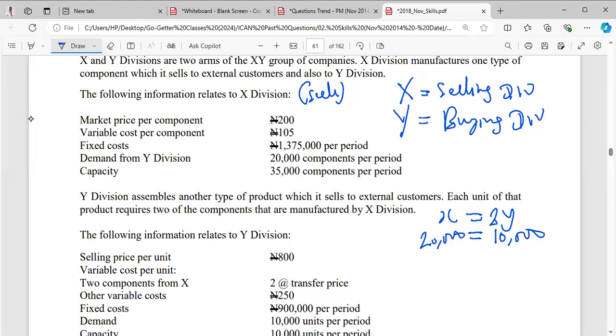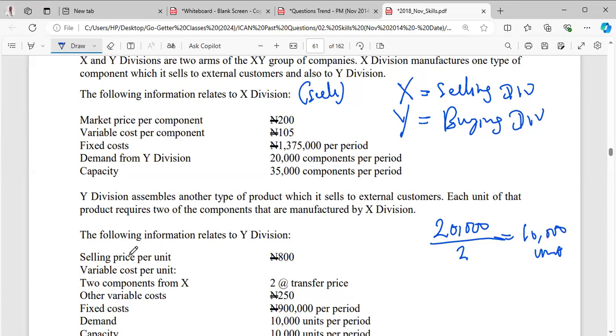Another way is to say that 20,000 is required by Y, and they are taking 2 components to make one. So just divide it by 2. It means we need 10,000 units of Y to be manufactured.